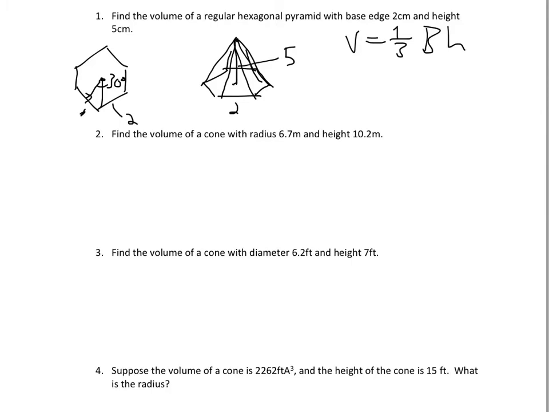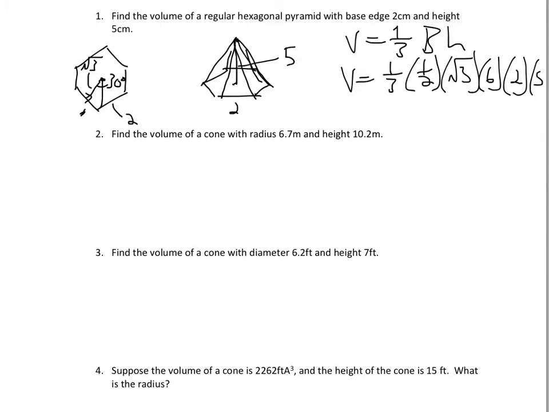And so the apothem is going to be root 3 times bigger than that, so root 3. So the area of that base is going to be 1/2 the apothem, root 3, the number of sides, 6, side length, 2, and the height is 5. That's everything we need.